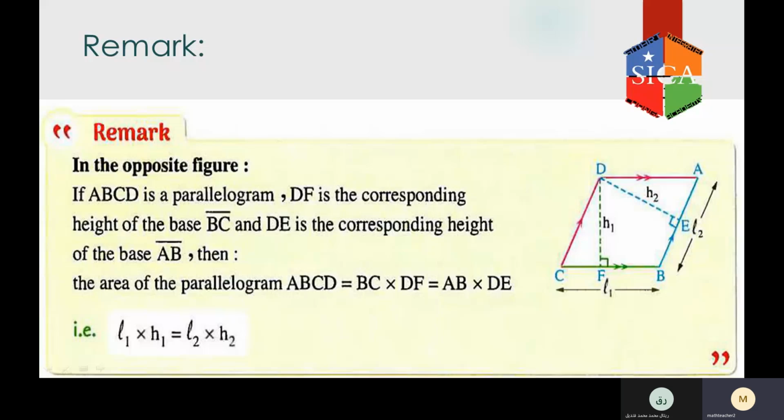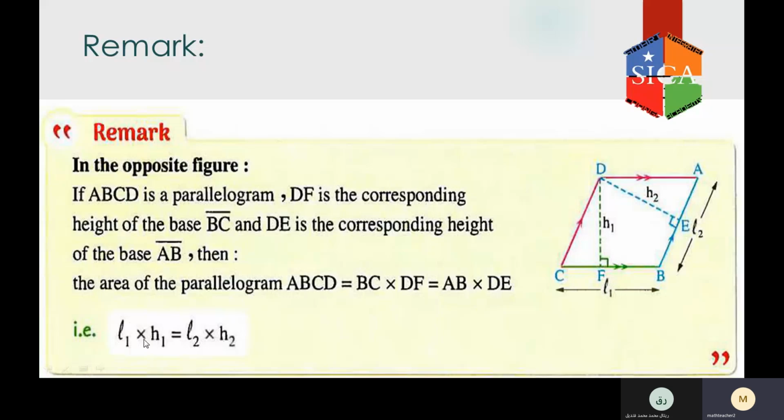If the base is AB, then the corresponding height is H2. If BC is a base, then the corresponding height is H1. Then L1 times H1 equals L2 times H2. We have here four variables, L1, H1, L2, H2. If we need one of them, he must give me the other three.